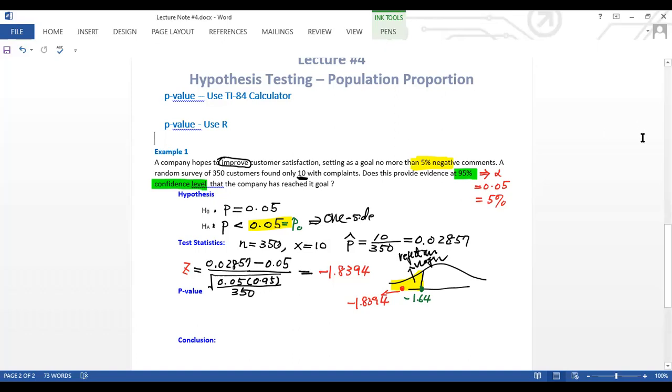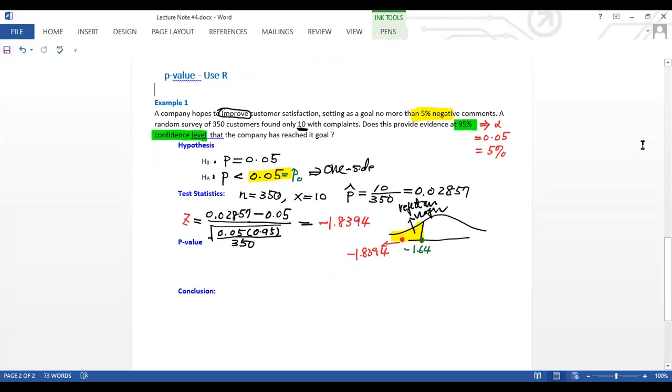So what is the conclusion here? You will say, I can reject H0. So I will reject the null hypothesis. Okay, so you write it out.